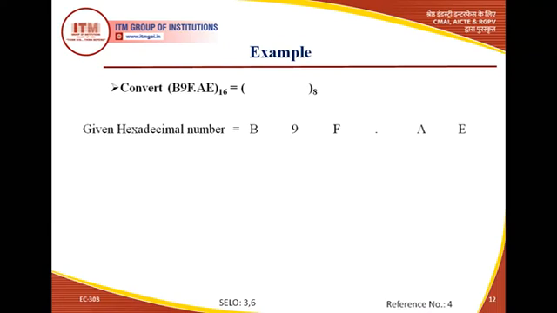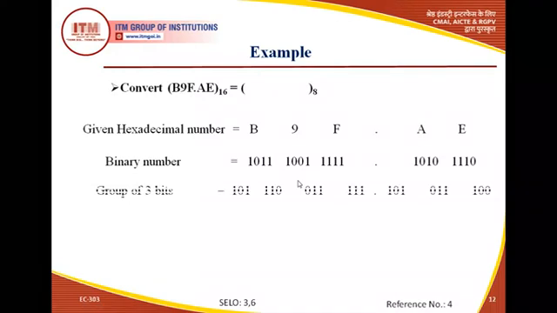So for converting a hexadecimal to binary, each hexadecimal digit is represented by its equivalent 4-bit binary number, that is the binary equivalent of B, 9, F, A and E. Now we make groups of 3 bits for converting binary to octal.